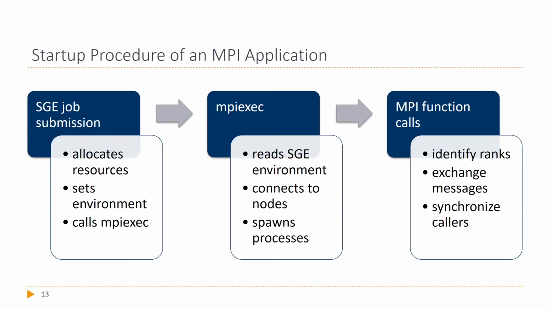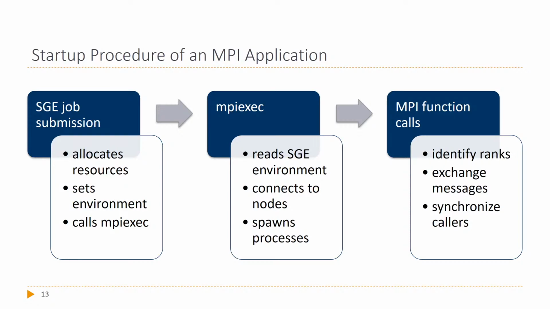There are 3 steps. We submit our job with SGE, then we start MPI exec, and then we do MPI function calls in our program that is running. So what do these individual steps involve? For the SGE job submission, it allocates resources, which basically means it just blocks nodes, so they cannot be allocated by anybody else, to make sure that you run on them, or on a specific set of cores that you get exclusively.